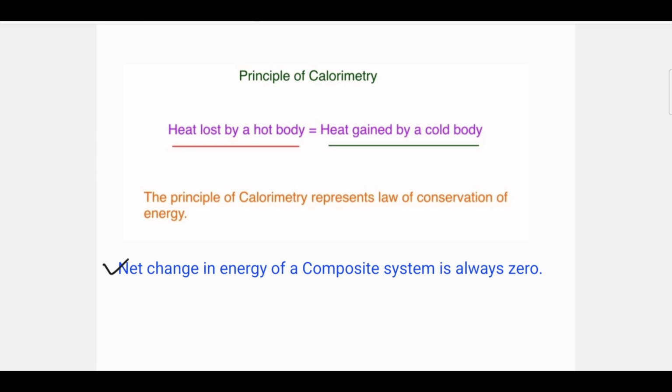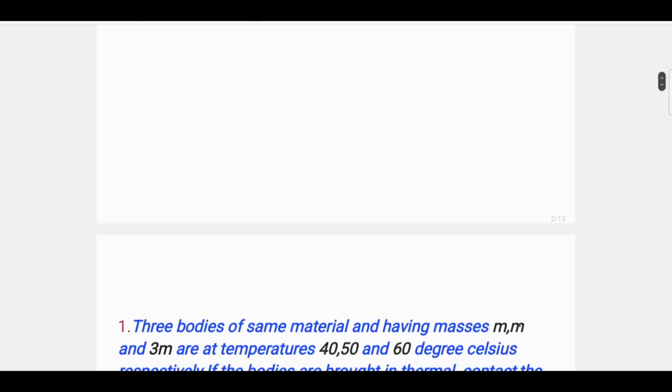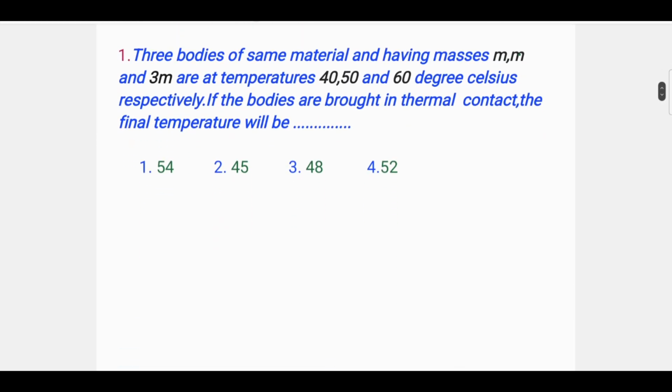So this concept can be well understood by the first example here. Three bodies of same material and having masses m, m and 3m are at temperatures 40, 50 and 60 degrees Celsius respectively. If the bodies are brought in thermal contact, the final temperature will be.